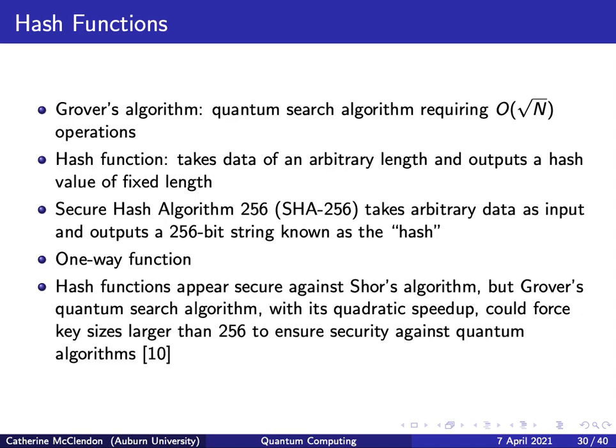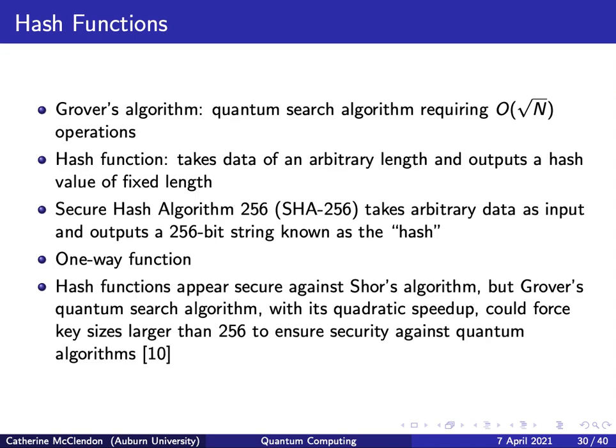So it takes in arbitrary data and outputs a 256-bit string, which is the hash. This is known as a one-way function, which means it's very easy to generate the hash from an input, but it's almost impossible, given a hash, to find the input that the hash was created from.